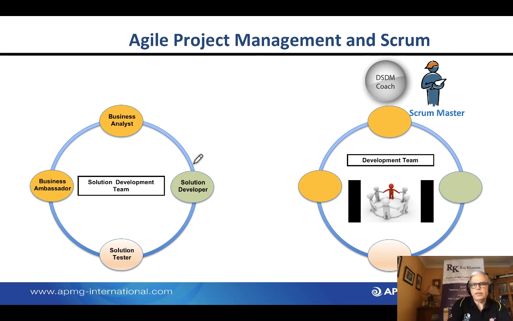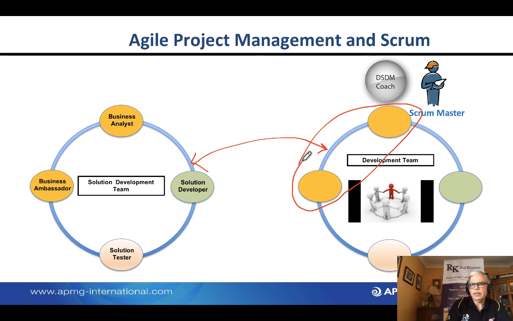In the previous presentations, we've talked about the difference between the Agile project management team and the Scrum development team. As long as we can identify who, as a team, would take on the business representation.